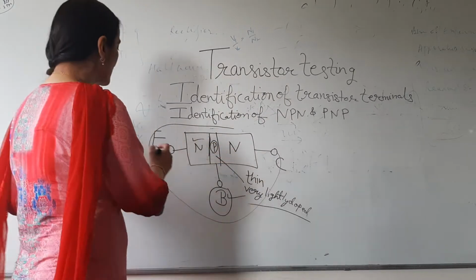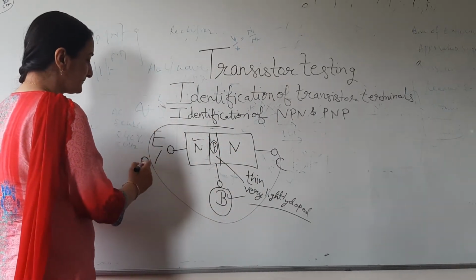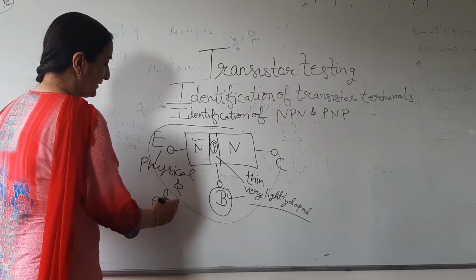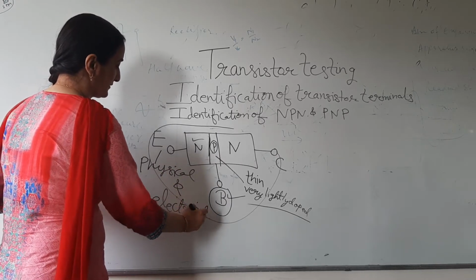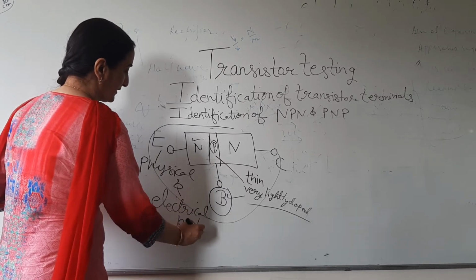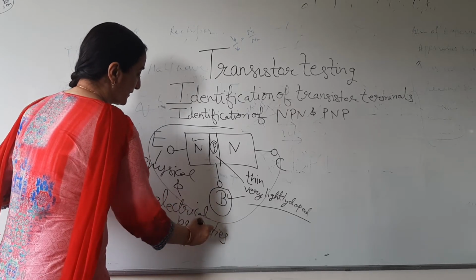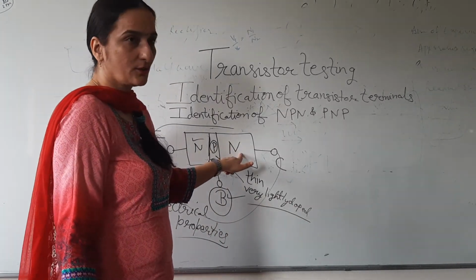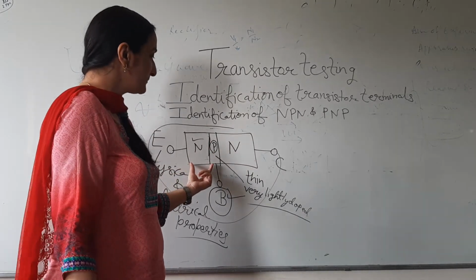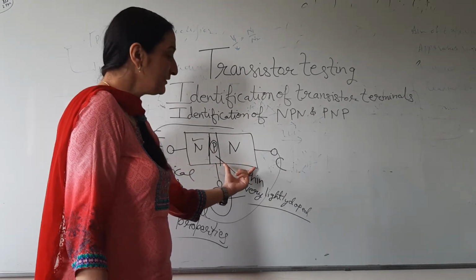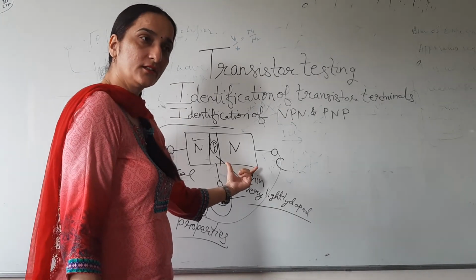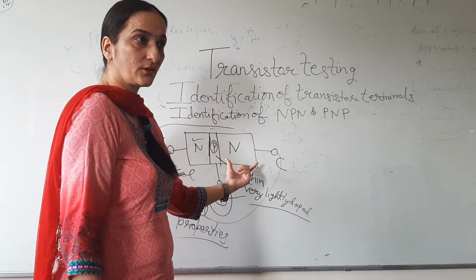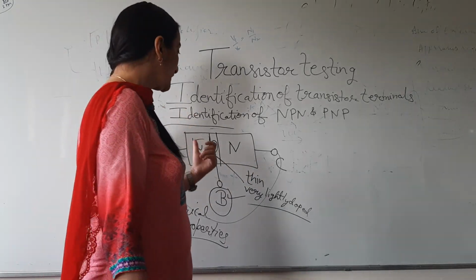No, because their physical and electrical properties are different. The emitter is heavily doped, the collector is moderately doped. The emitter is moderate in size, the collector is very large in size, because it has to dissipate more heat. So we cannot interchange them.